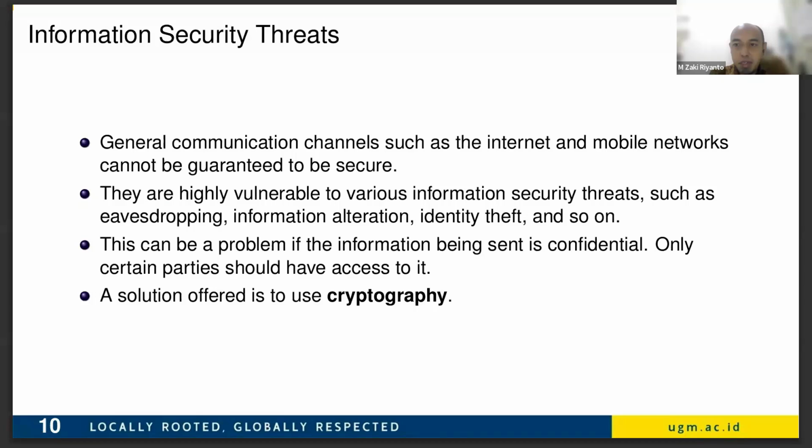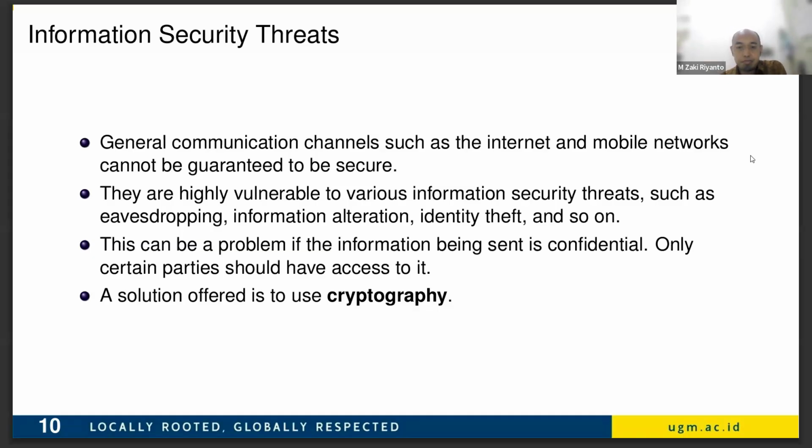Someone maybe can see and read our message. Someone who is eavesdropping, someone who checks our message, then someone who steals our identity.